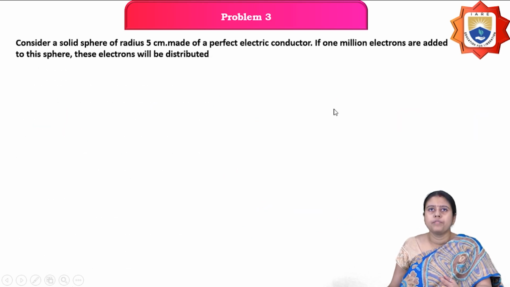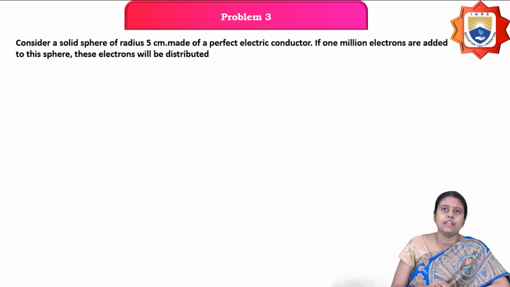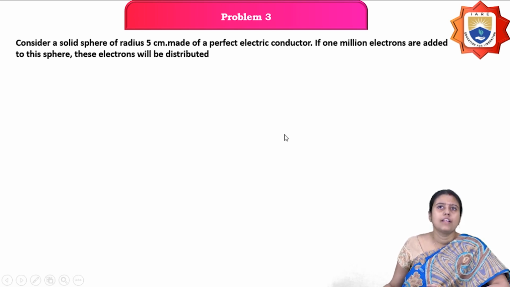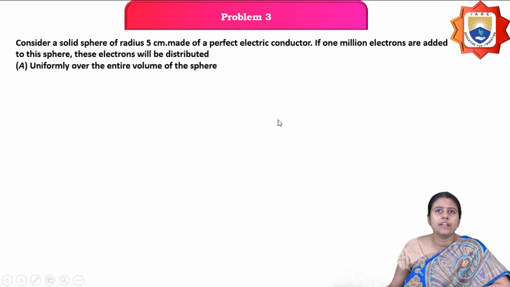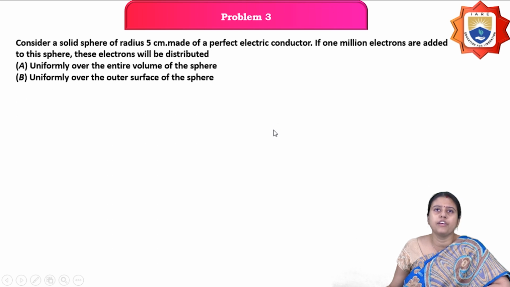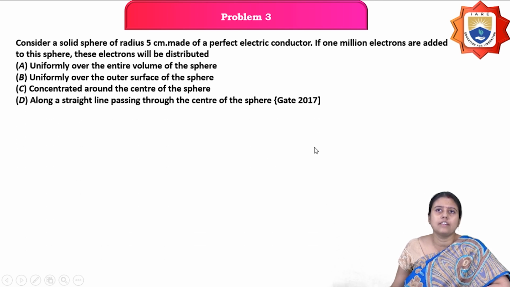Next problem. Consider a solid sphere of radius 5 cm made of perfect electric conductor. If 1 million electrons are added to the sphere, the electrons will be distributed uniformly over the entire volume of the sphere, uniformly over the outer surface of the sphere, concentrated around the center of the sphere, or along a straight line of the sphere.